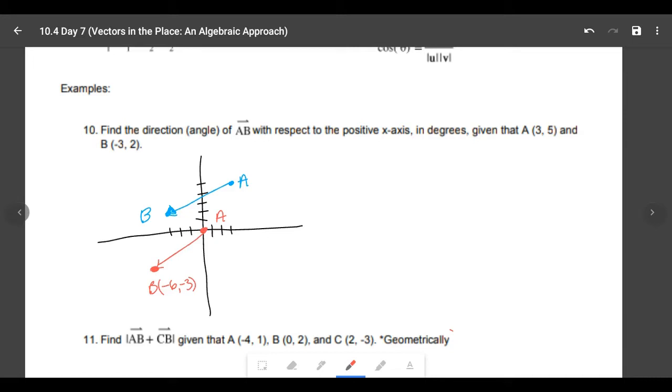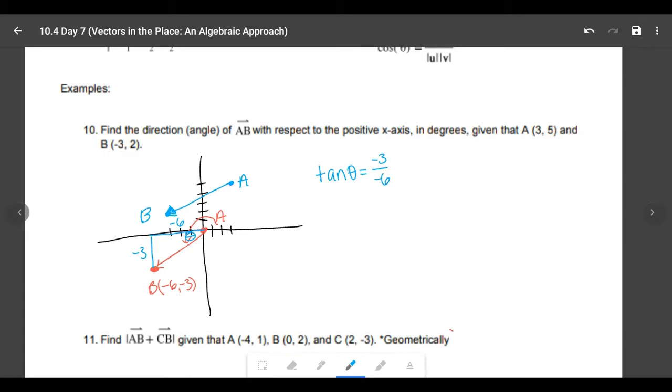Okay, so we are looking for this angle now. Well, how have we found that angle in the past? Using a little bit of trig. So if I draw in a right triangle here and I call this central angle theta, we can say that the tangent of theta should be equal to, if this side is -3 and this is -6, -3 over -6.